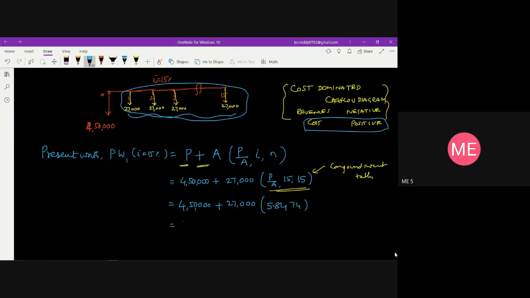By using this multiplication and simplification, I'll be getting around rupees 1,57,879.80. How much is it?